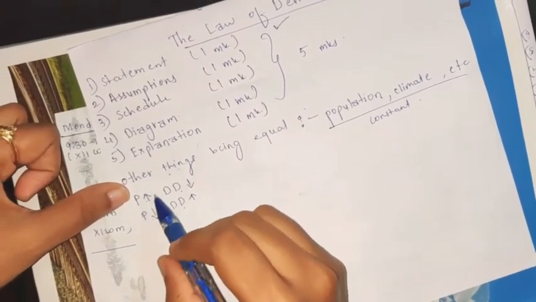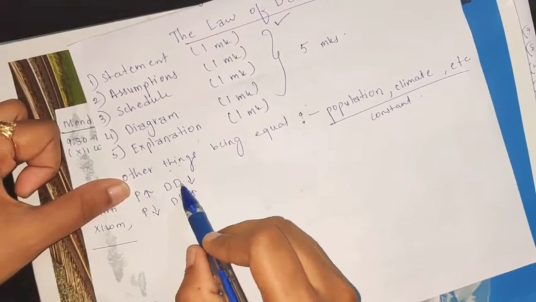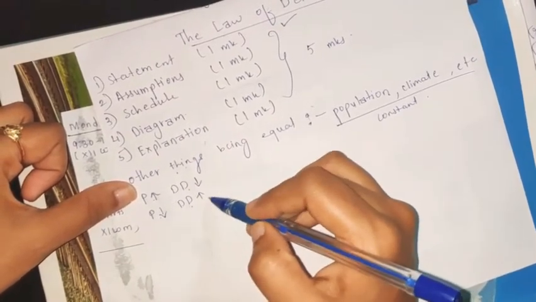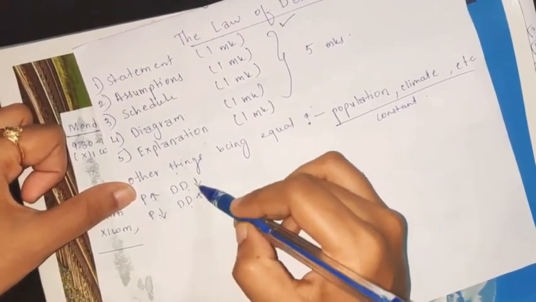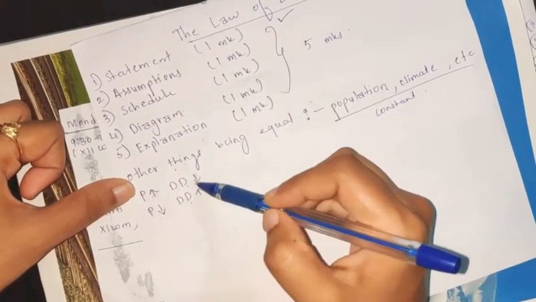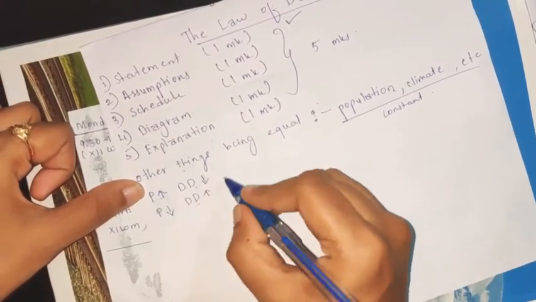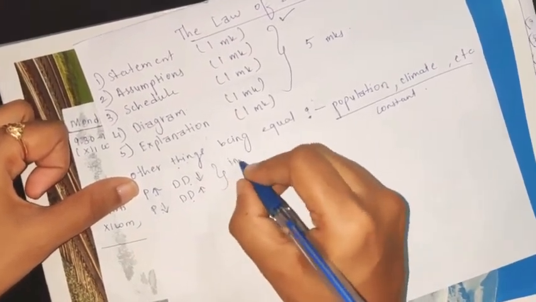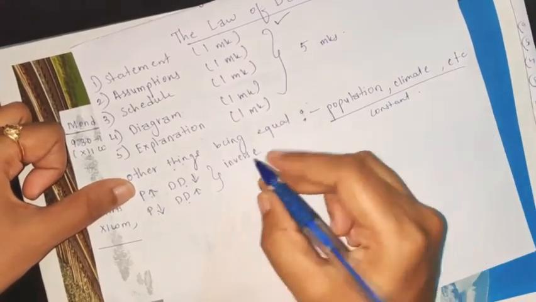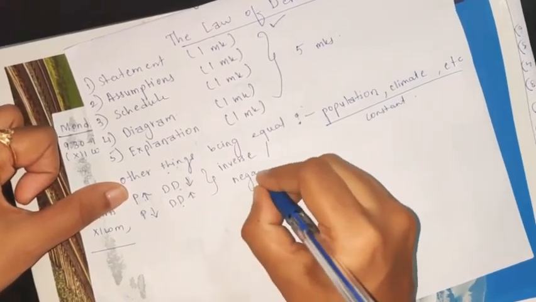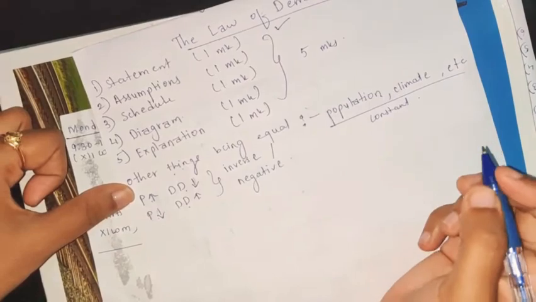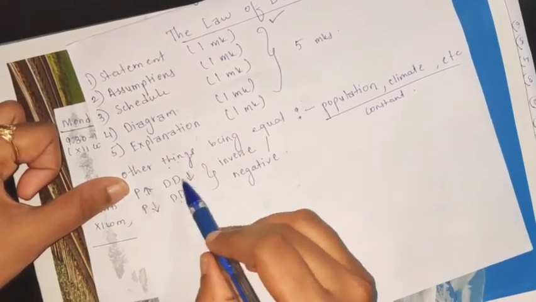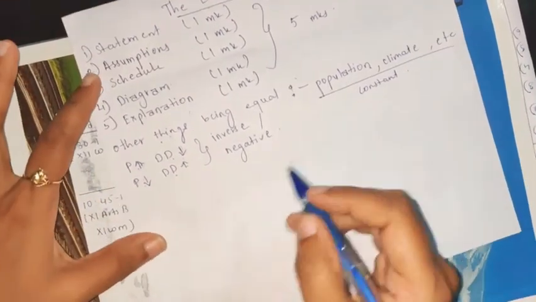Over here we can see that there is an inverse relation between price and demand. When price increases, demand decreases; price decreases, demand increases. So we can write over here that there is inverse or negative relation, because both are moving in opposite direction.